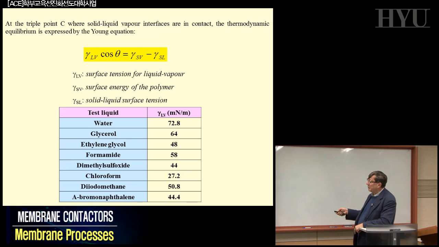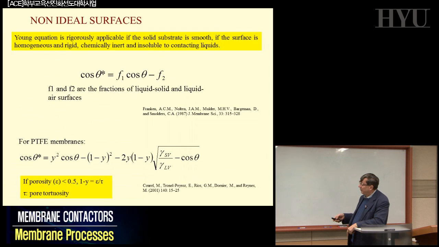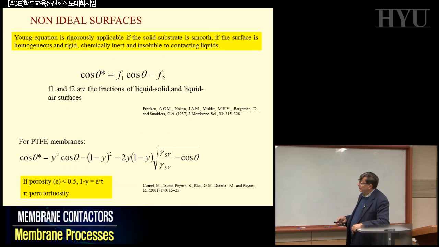So these are the parameters that we have to consider, and depending on the different liquids that we have available, you can have very different values of this surface tension for liquid vapor. They can go from 73 to 20 to 40, etc., depending on what you are measuring. That's why I told you that you have to define in which system you are working.